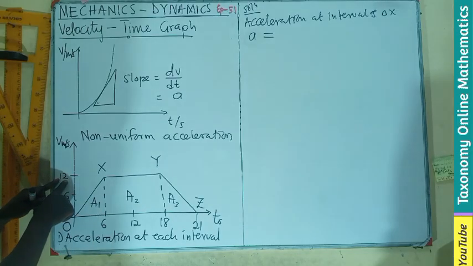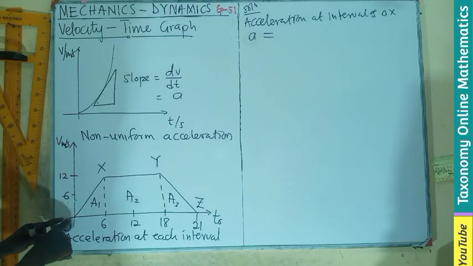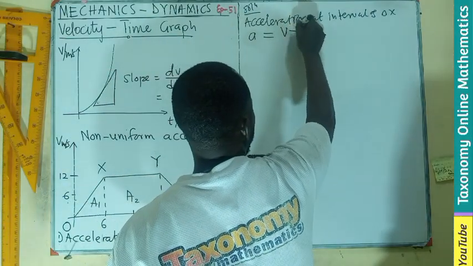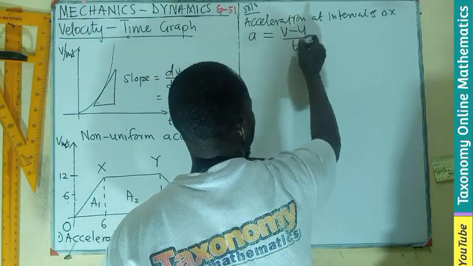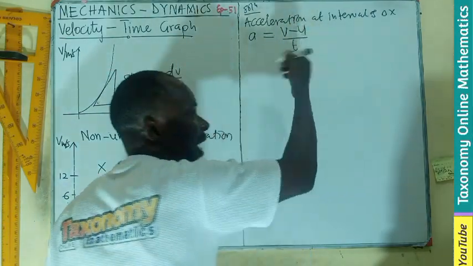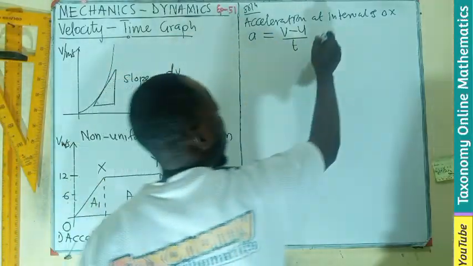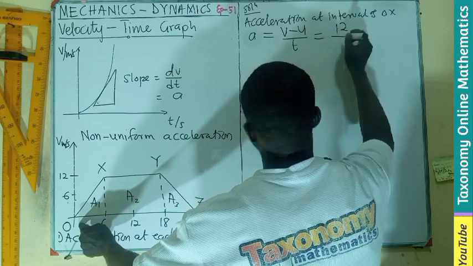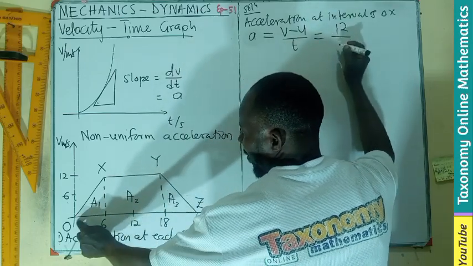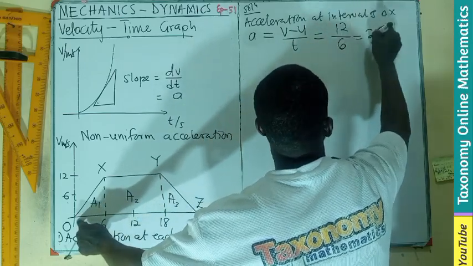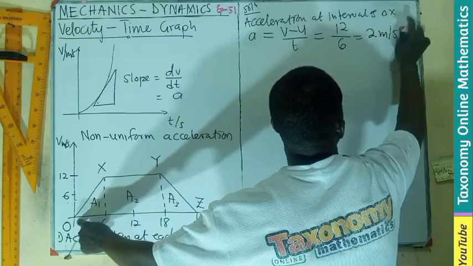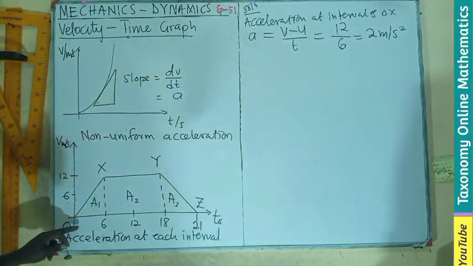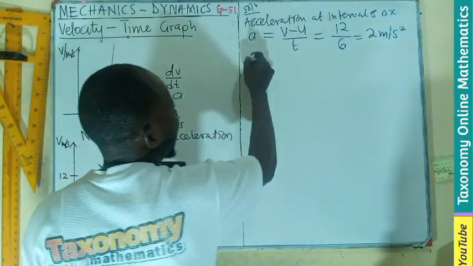We can pick 12 as final velocity minus initial velocity, over the time taken, which is also going to be T1, T2. So we'll be having 12 minus 0 remaining 12, then 6 minus 0 remaining 6. That gives you 2 meters per second squared. That is the acceleration at the interval OX. How about the second one?